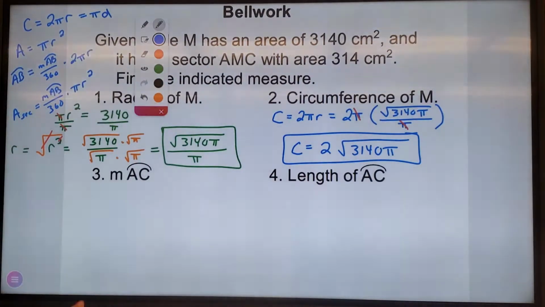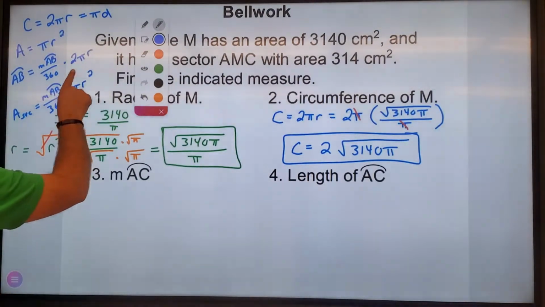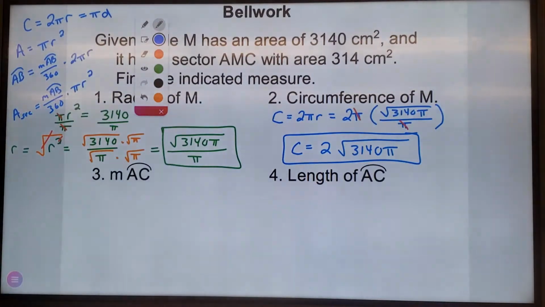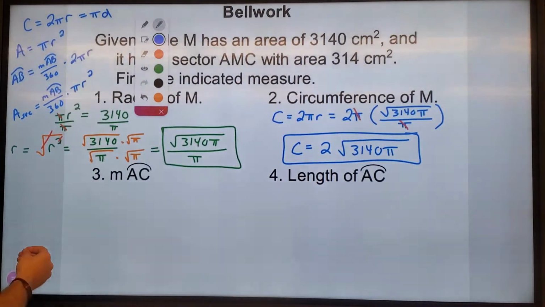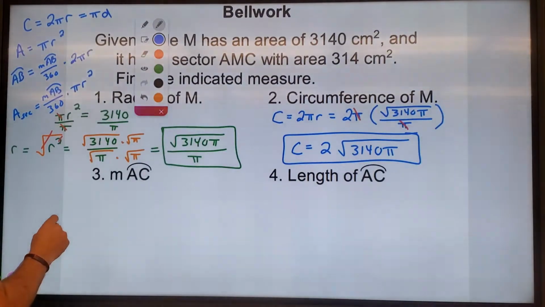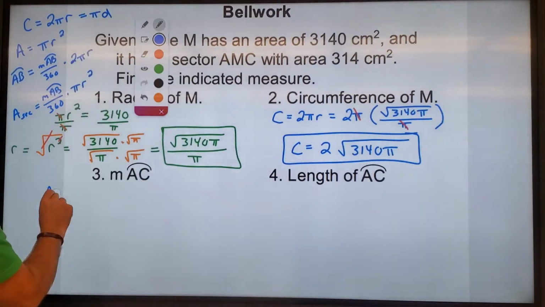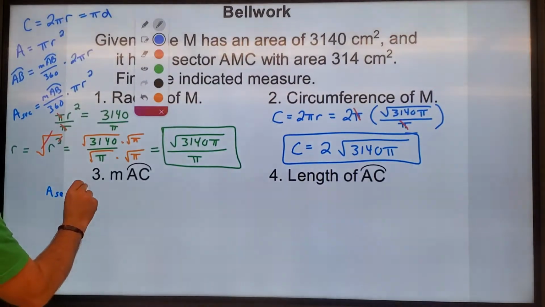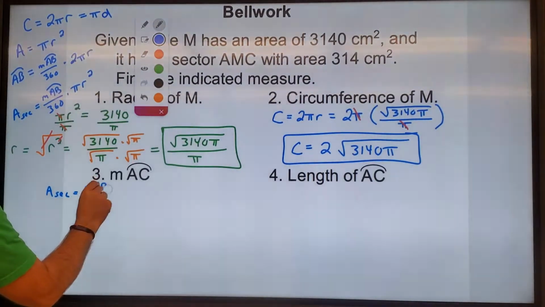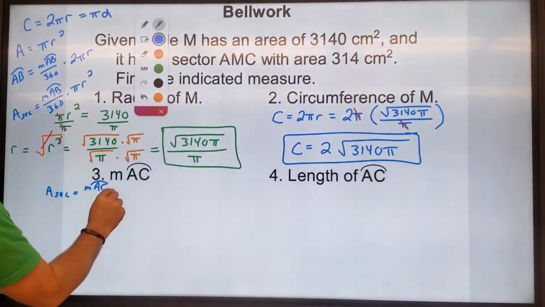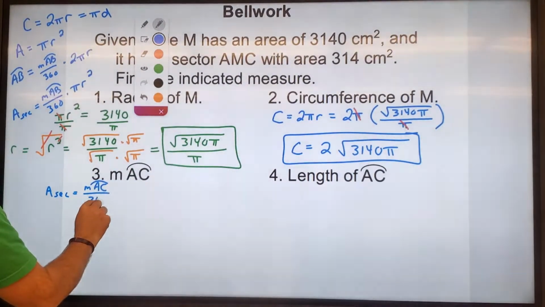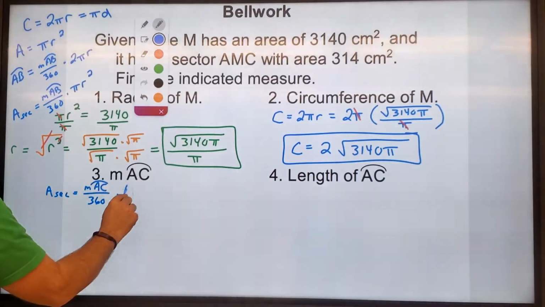Okay? And again, what happens here is this again is the area as a whole. So instead of putting this, I'm going to use a circle instead of pi r squared. Okay? So the area of a sector is the measure of AB, or here, let's do measure of AC like it's asking, over 360 times the area of the circle.